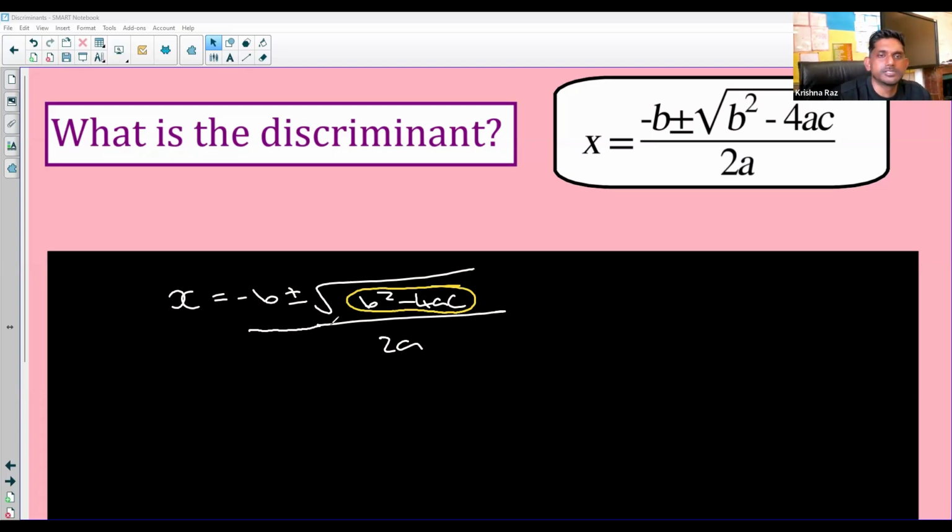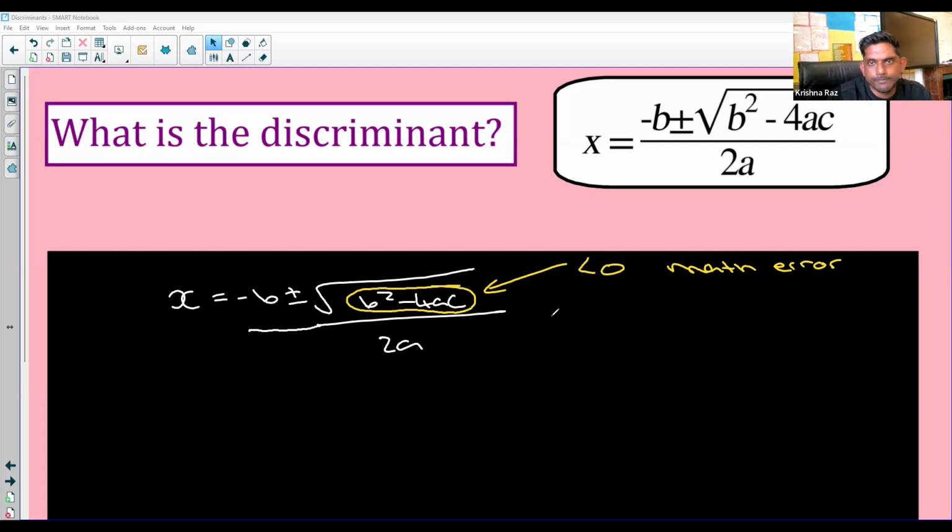So if you solve a quadratic using the formula and you get this equal to less than zero, what you'll get is a math error on your calculator.